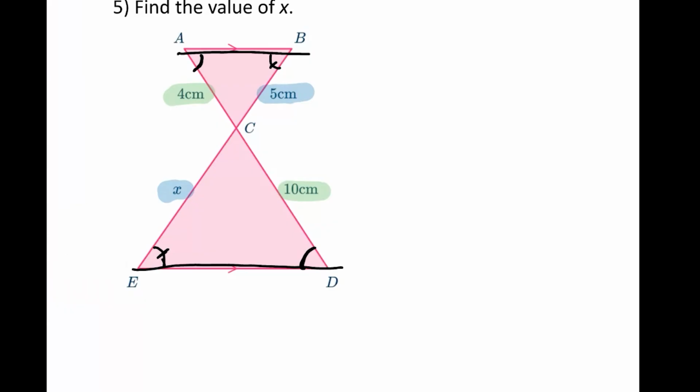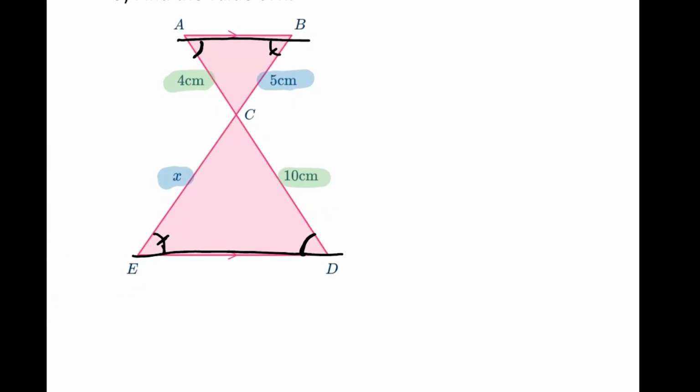So when we set up our proportion here, it should be something like 4 is to 10 as 5 is to what? And so that's why it's very important that you get those corresponding sides correct, because otherwise your fractions are going to be kind of messed up if you're relating the wrong sides with each other.